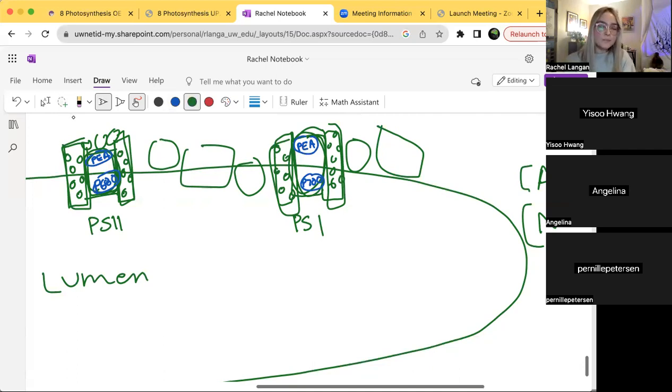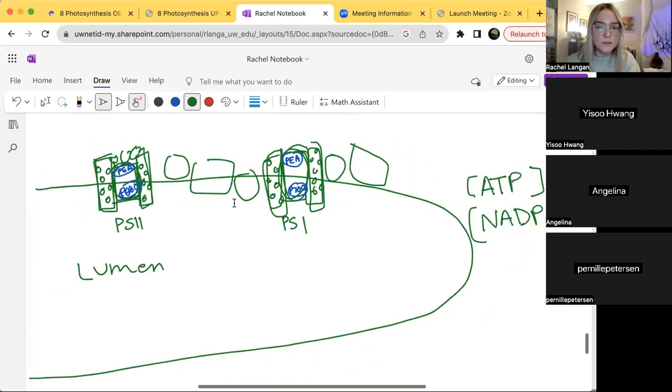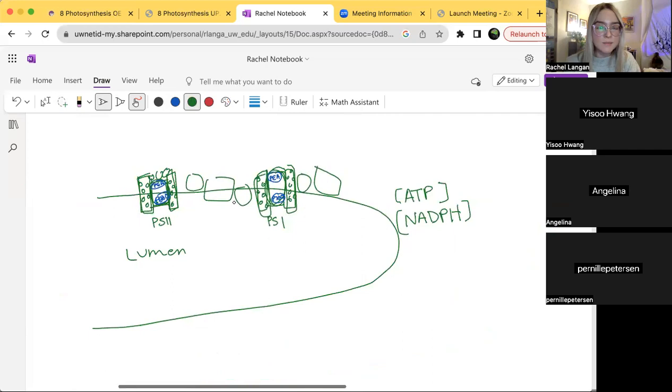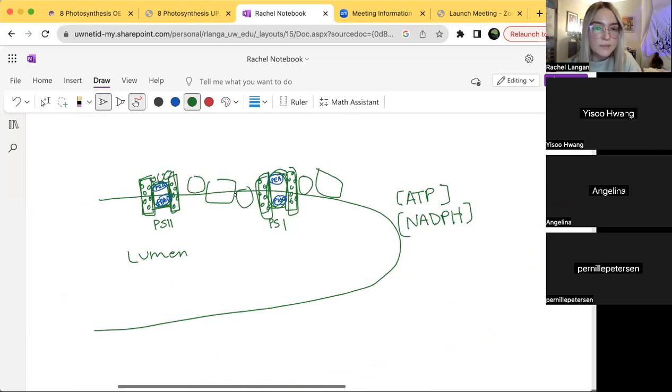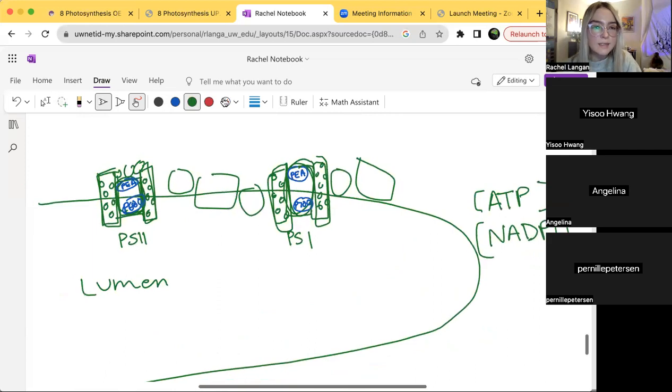The first thing I'm going to do is focus on how we make ATP. The first step is that light is absorbed.